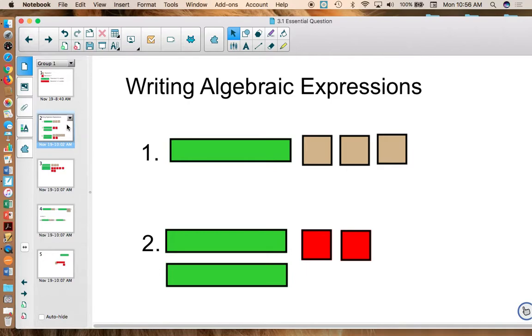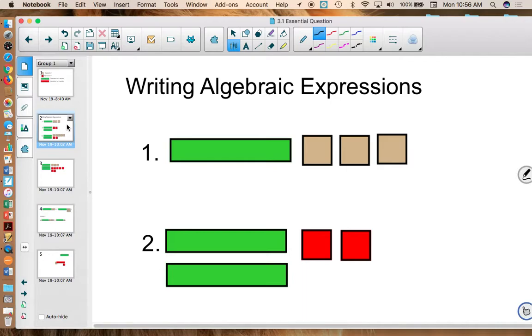So, everybody's going to get out a green rectangle. If I have a green rectangle and 3 of the tan squares, what did we say that the green rectangle stood for, Wesley? A positive what? No, it's not 10.